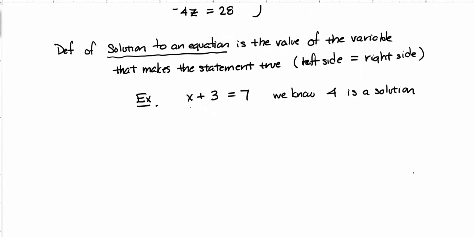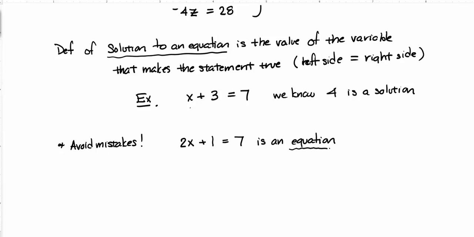Now I want to draw a very important distinction, so avoid mistakes like this. If I have something like 2x plus 1 equals 7, this is an equation. Notice it has an equal sign, and it can be solved.